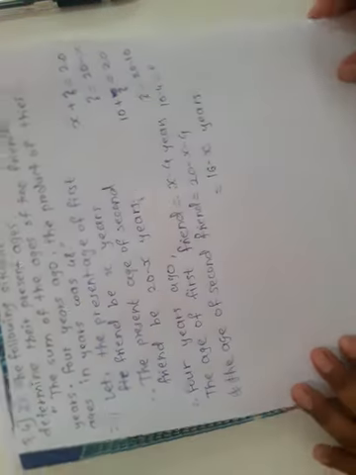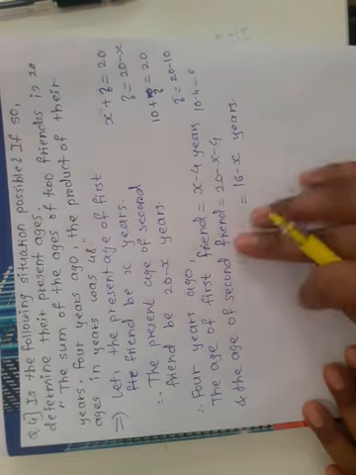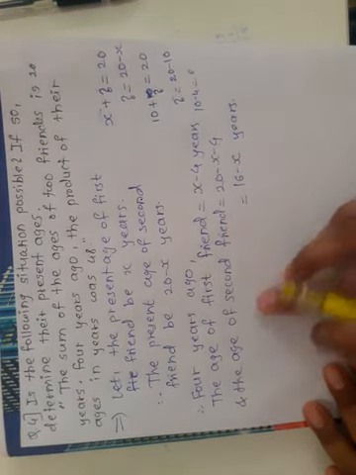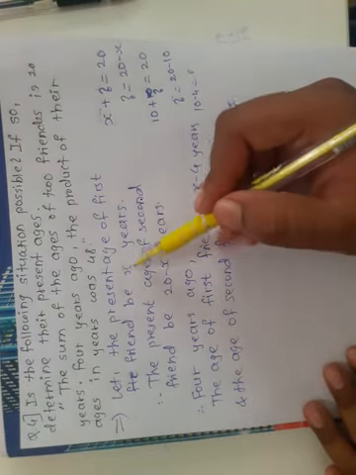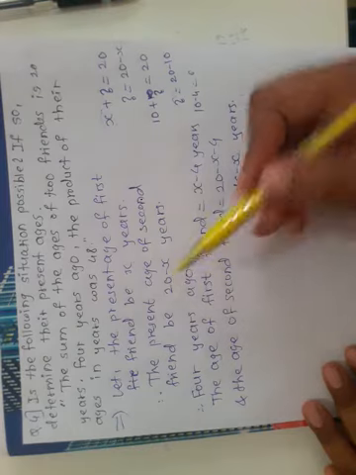This is all about the ages of these two friends before 4 years. The present age of the first friend is x, and the present age of the second friend is 20 minus x.